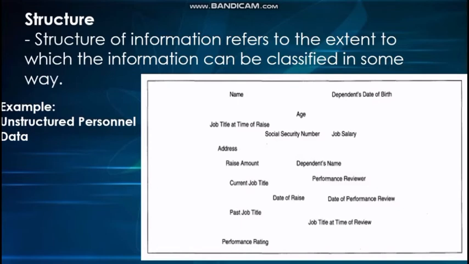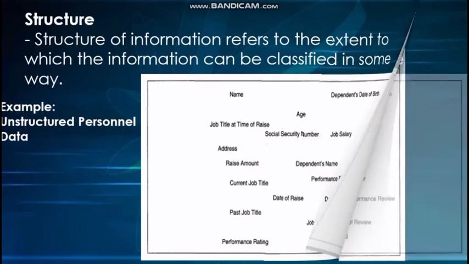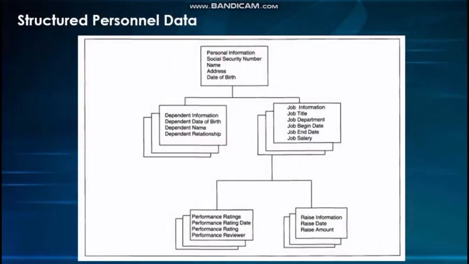So this is the example of unstructured personnel data. It means it could be anything in the data sets that aren't stored in a structural database format or isn't organized. So you can see in the example that the name, age, address are not organized. Unlike the next example, on the next slide, which is structured personnel data, meaning it is highly organized and easily understood by machine language.